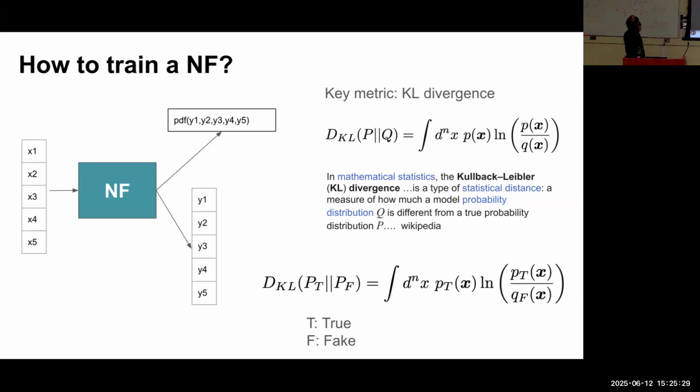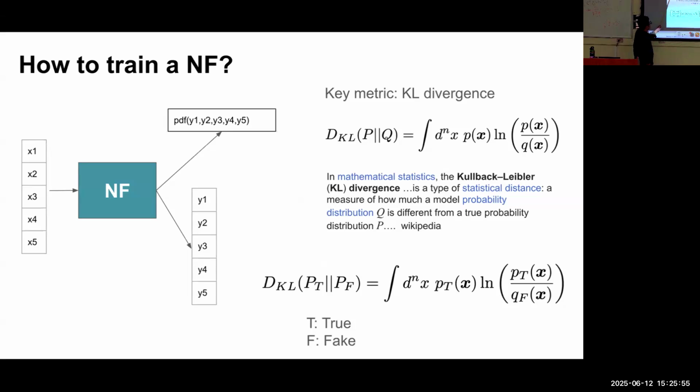Okay, so let's go back to the question of how do we train the neural net? Maybe there are other possibilities, but the only possibility that I am more familiar with is to use the KL divergence. I literally copied this from Wikipedia. This is what the KL divergence is.